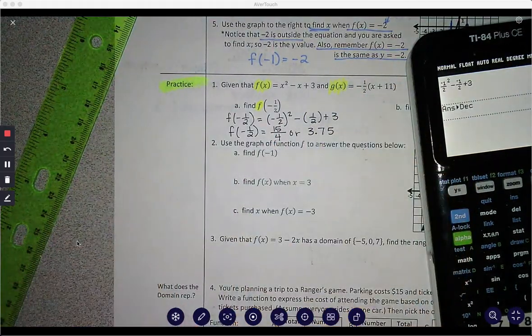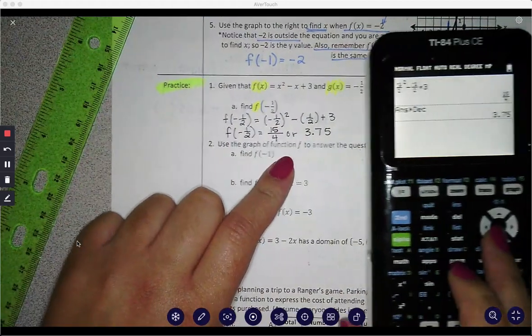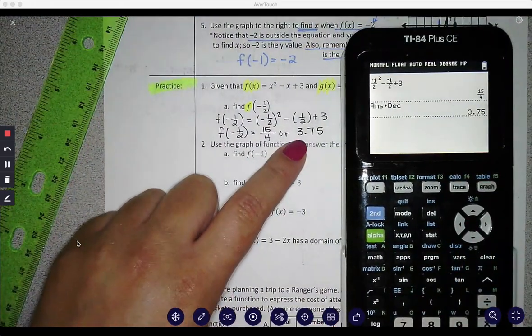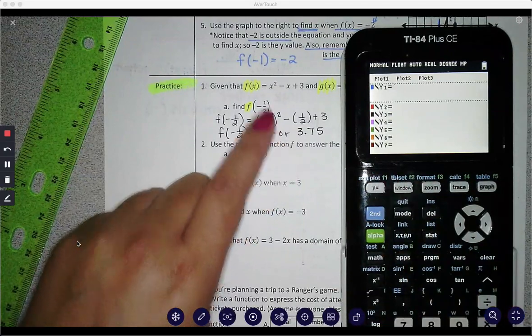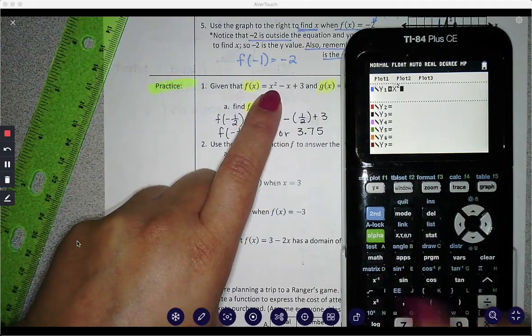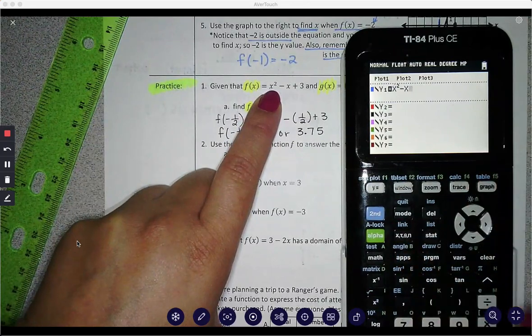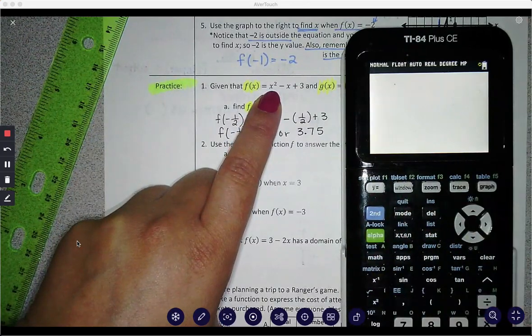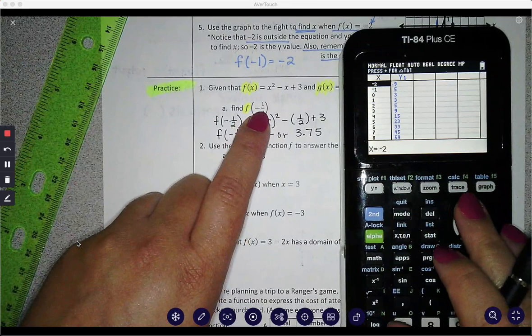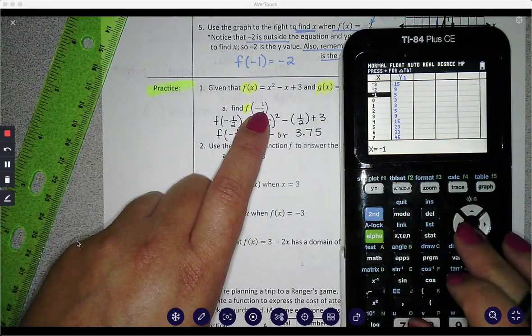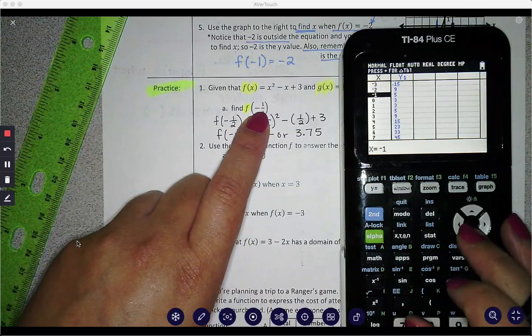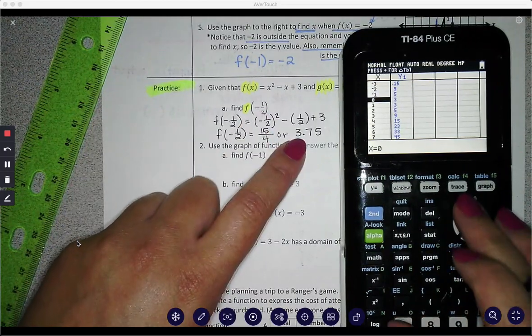3.75. One of the things I could do to check my answer is go to y equals and type in my actual given equation, x squared minus x plus 3, and look at the table. I want negative 1/2. Notice it's not on here, but it's between 3 and 5.